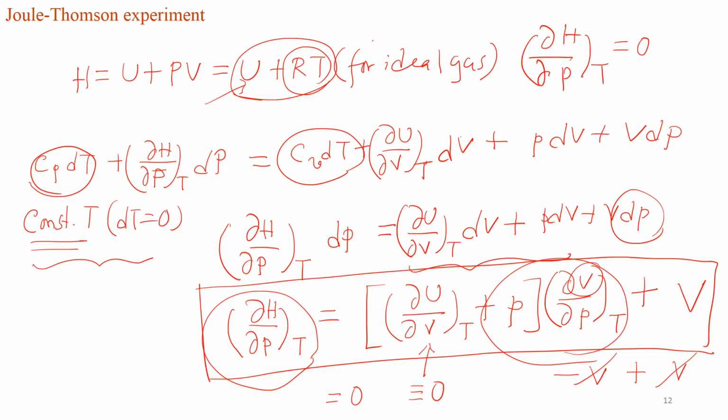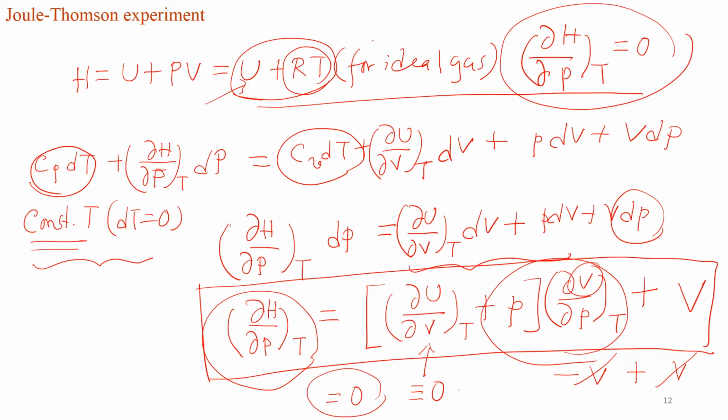So either by following the logic that for an ideal gas the internal energy is a function of temperature only, we get (∂H/∂P)_T equal to 0, or just following the formula also we can get it 0.